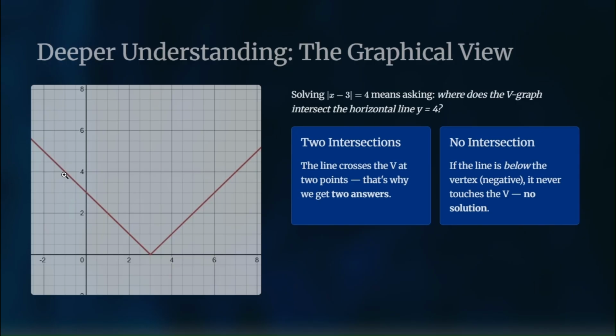If we look here, we can see that y equals 4 when x equals negative 1, and y equals 4 right here when x equals 7. So the line crosses the V at 2 points. That's why we get 2 answers. If ever the line is below the vertex, anywhere here, there will be no solution because it never touches the V.